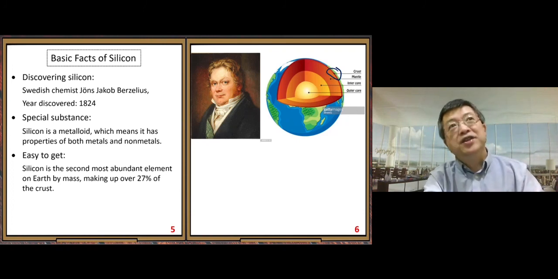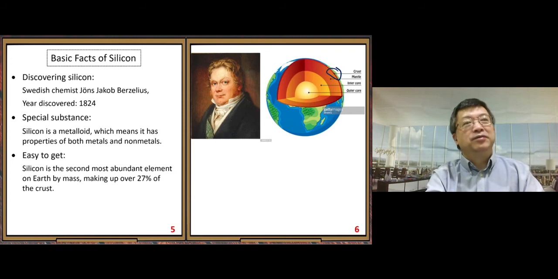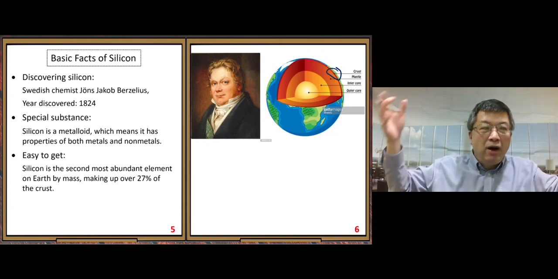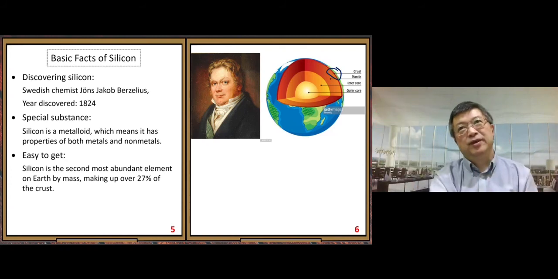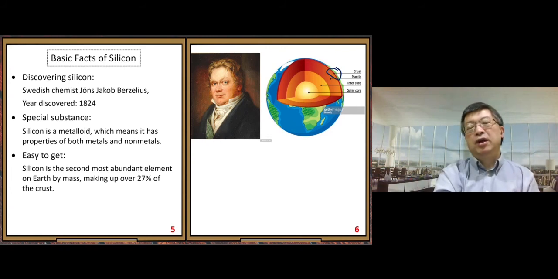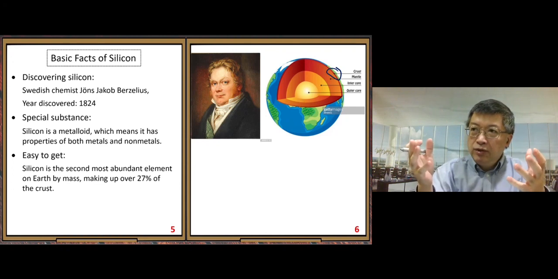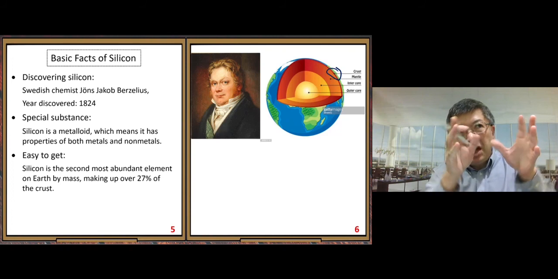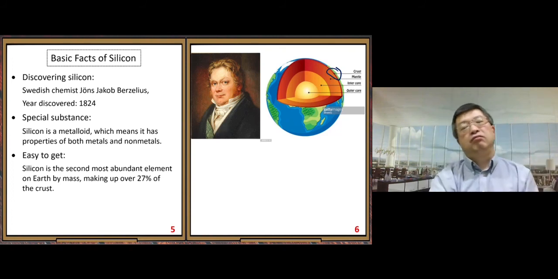So we can get it easily. But although you can get a lot of silicon easily, the hard part is the purity of the silicon. That's the hardest part. To make it useful to build transistors, how to make silicon as pure as possible. That manufacturing process is most important.